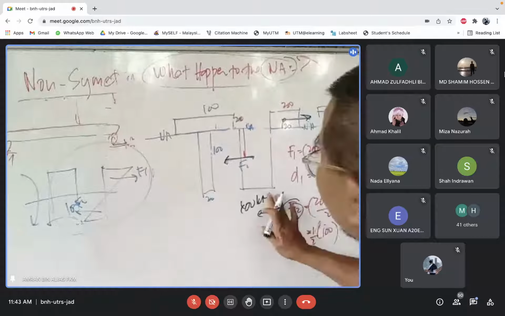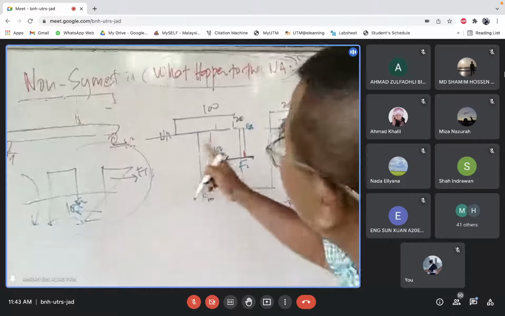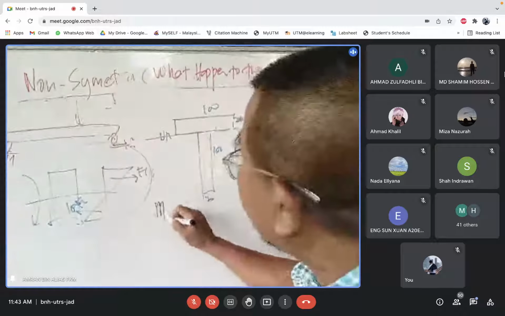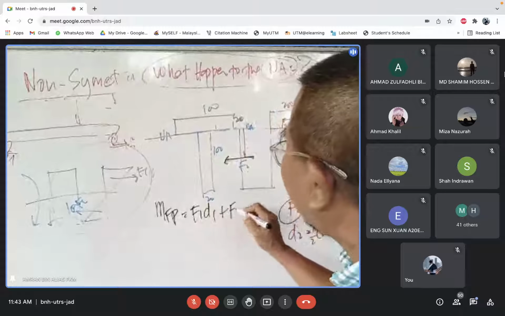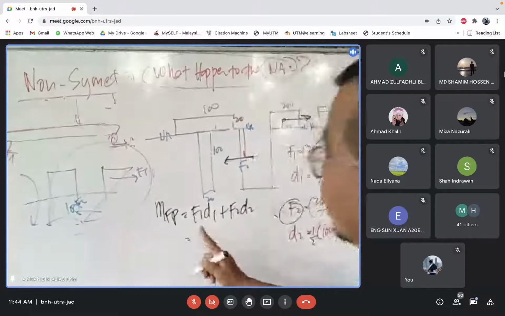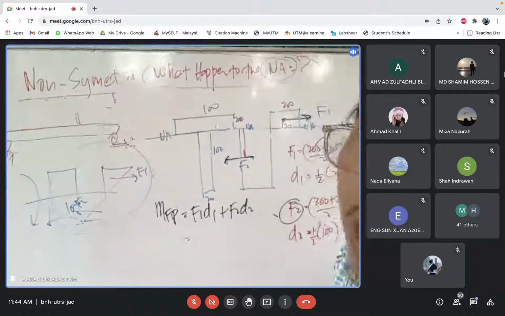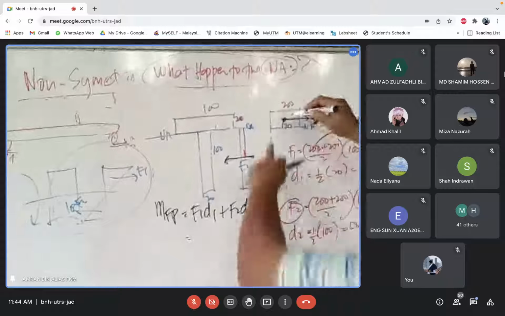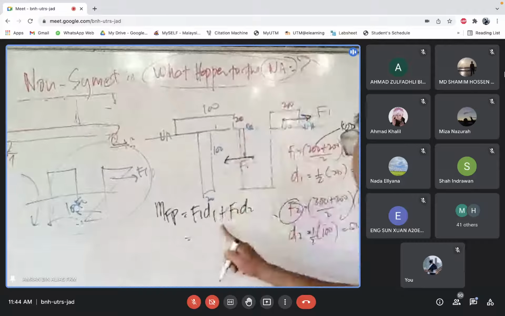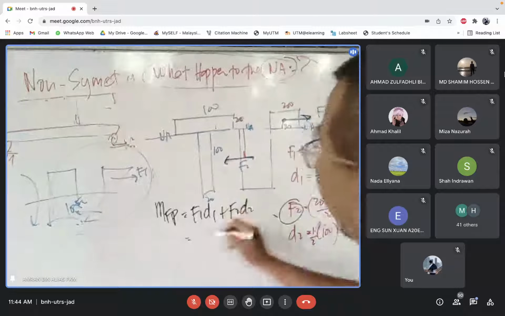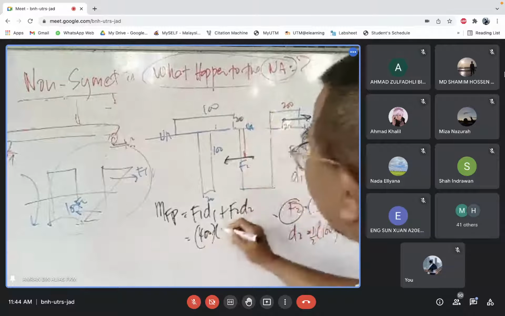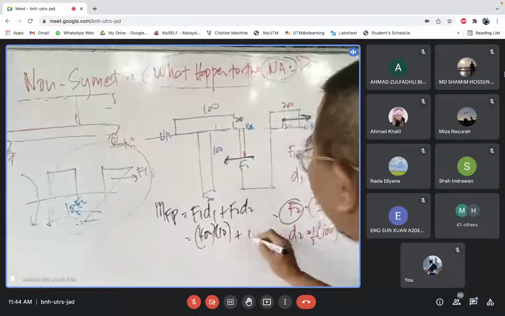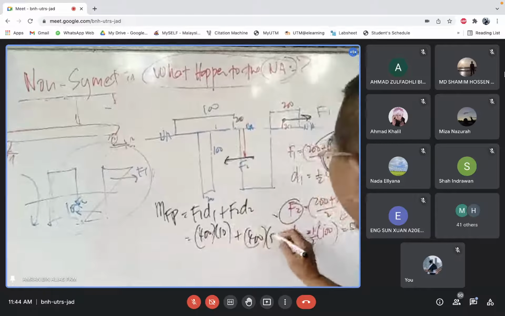And now we want to find the moment. What is the moment for that to happen? Moment fully plastic: F1 times D1 plus F2 times D2. So this is not symmetry anymore. There's no times 2 anymore. You have to do it clockwise. This one plus, so 400 times 10, and then plus another one, 400 times 50.